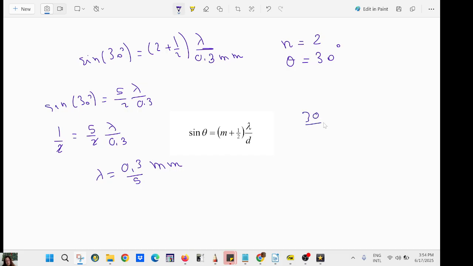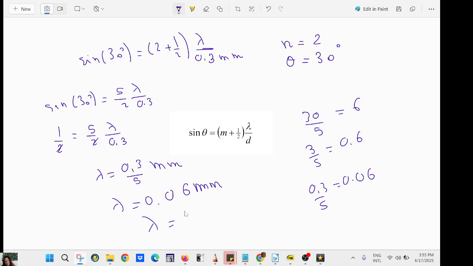And 3 divided by 5 is 0.6, so 0.3 divided by 5 is 0.06. So lambda is 0.06 millimeter. So this is 10 to the negative 3, and then 4, and then 5. So it's going to be 6 times 10 to the negative 5 meters.